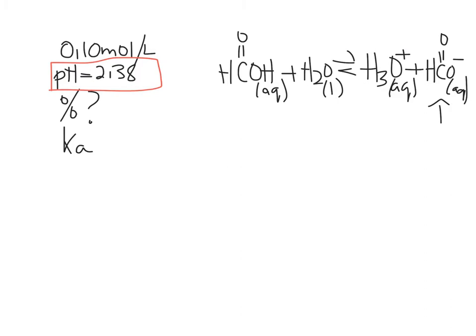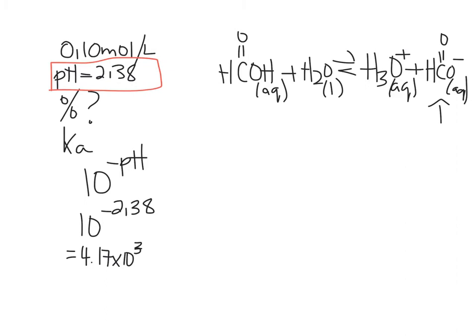So 10 to the negative pH, which is usually the inverse log button, will give us the hydrogen ion concentration. So 10 to the negative 2.38 is 4.17 times 10 to the negative 3 moles per liter.